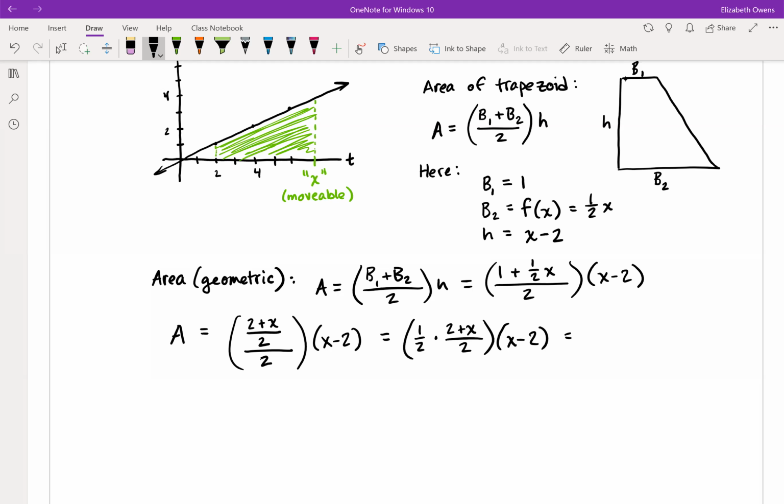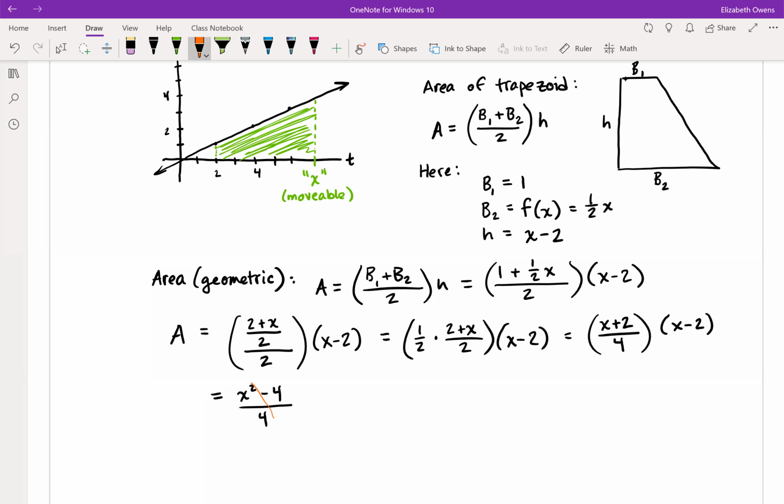I'm going to rewrite this as (x plus 2) over 4 times (x minus 2). Then I've got that nice difference of squares on top, x plus 2 times x minus 2, which is x squared minus 4, all over 4.